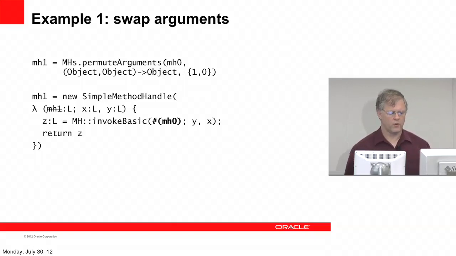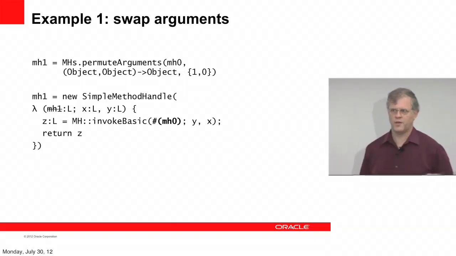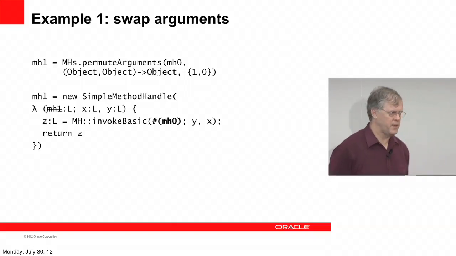There's a method handle wrapper around a lambda form, which takes the method handle receiver argument plus the two arguments, and then performs an invocation on the interior ultimate target, MH0, with the swapped arguments. So if you look at this, you'll see lots of line noise, but I think you will agree that it's basically what needs to be done, right? There's sort of a captured value of MH0 in there, and then MH1 is the guy that has the wrapping behavior.